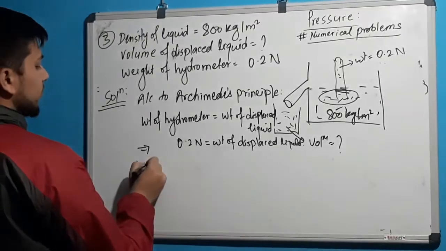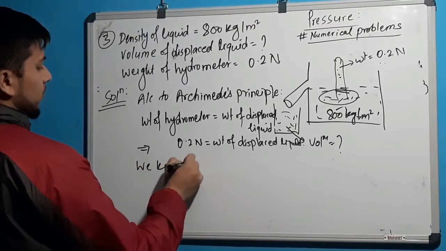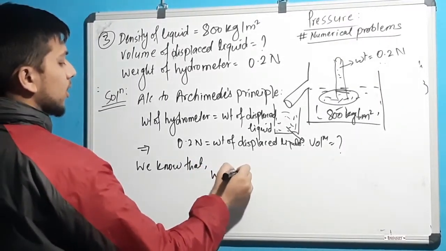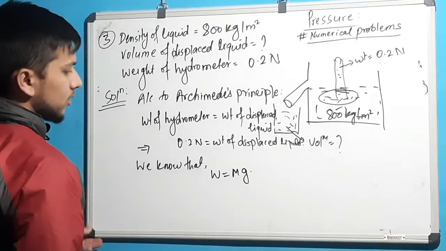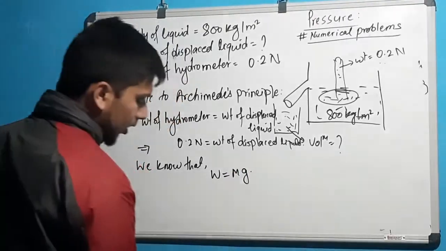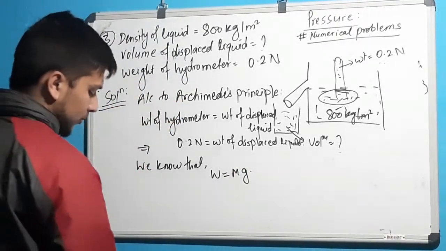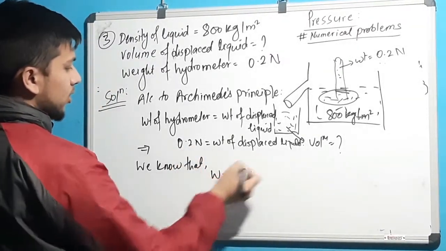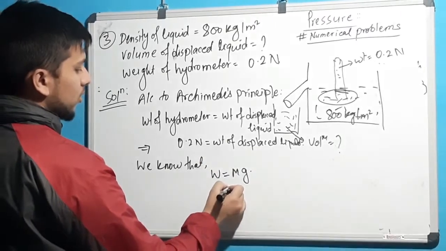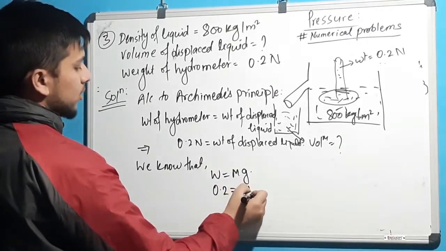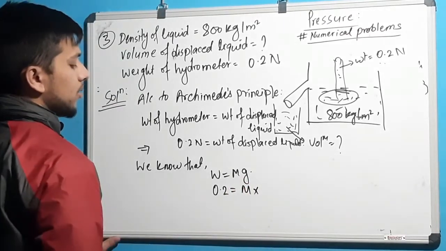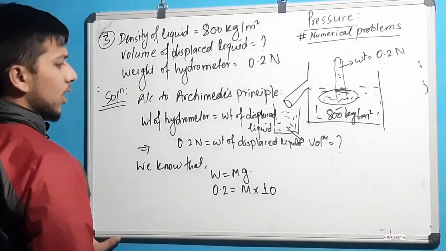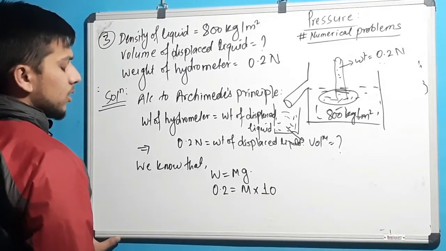Then we know that, as we have studied in gravity, weight W equal to mass into acceleration. And here we have to find the mass of this liquid; weight is 0.2 Newton, and mass we have to find, and value of gravitation, we take 10 for easiness, and you can use 9.8 meter per second square also.